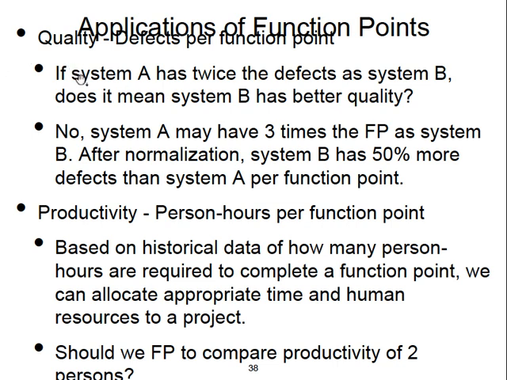Well, not necessarily, because maybe system A is many times larger than system B. So even if system A has more defects, if we take into consideration the much bigger size of system A, then the overall quality may still be better for system A.